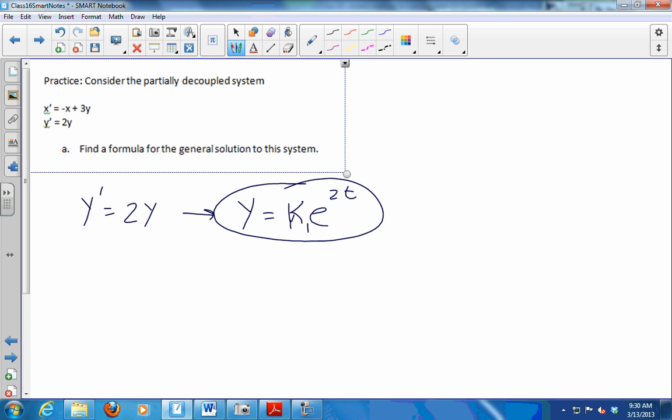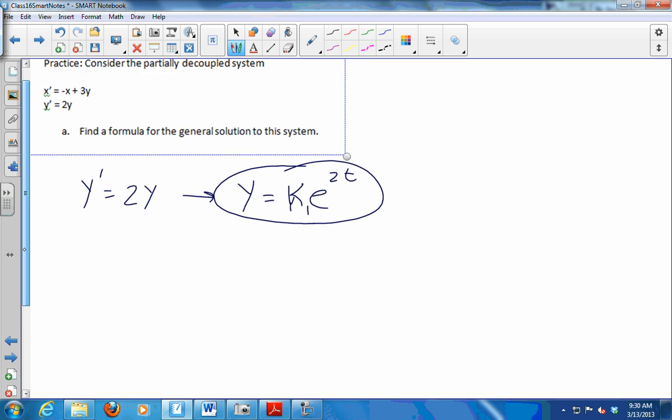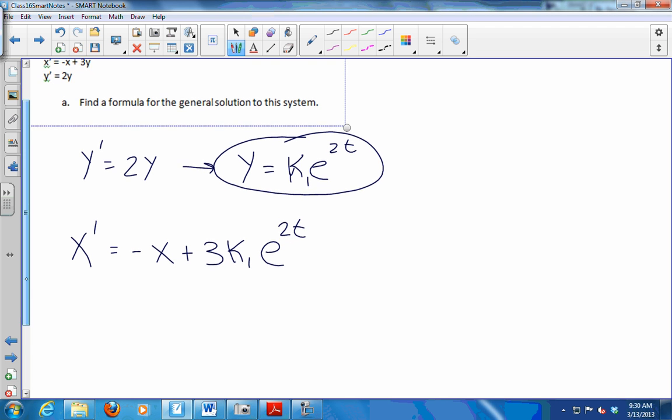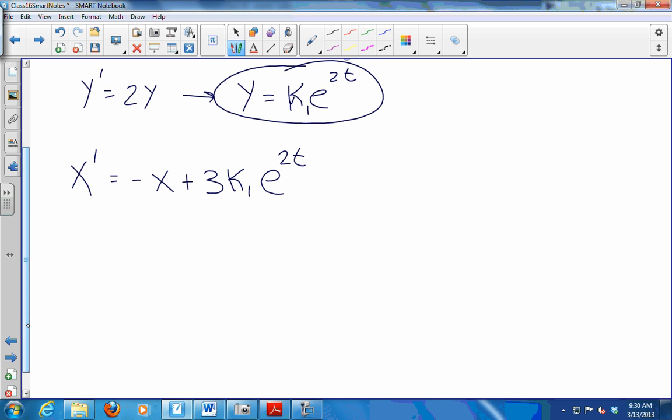So that one is a little bit harder, right? So now I rewrite my equation, x prime equals negative x plus 3, and instead of y, I put in the formula I just found for y, k1 e to the 2t. Now I use my properties of linearity, or the lucky guess procedure, to figure out an x of t.